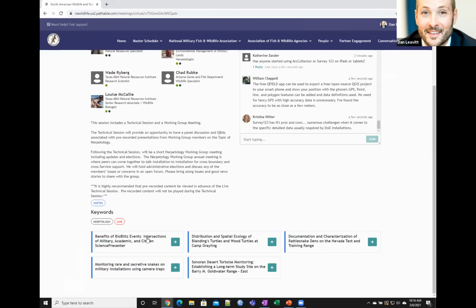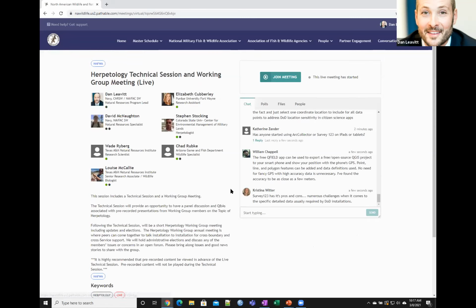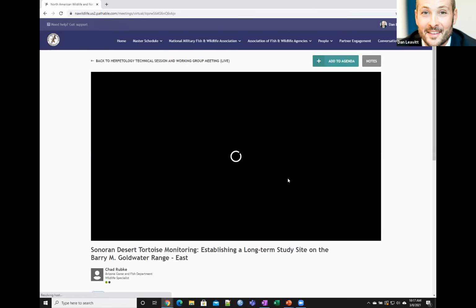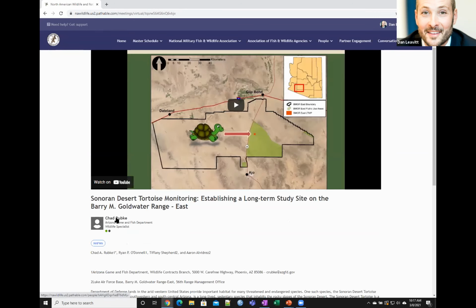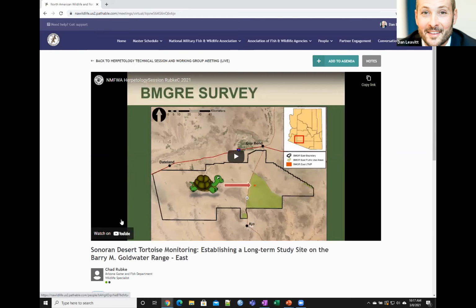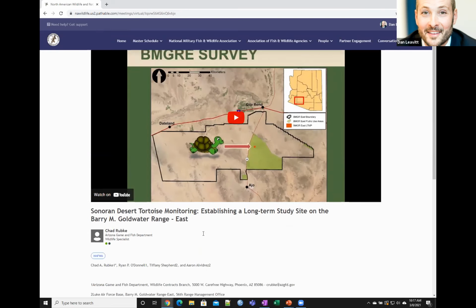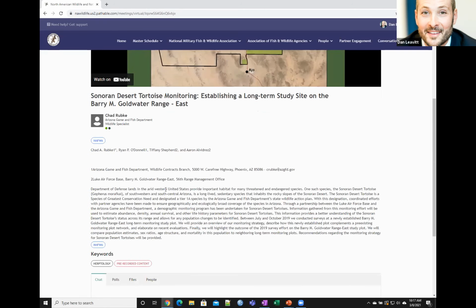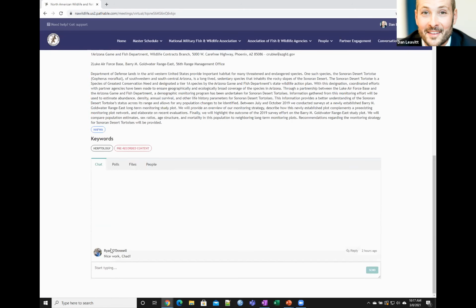At the bottom here, you can click any one of these projects and go right into it and watch the video of that specific project. You have the presenter's name at the bottom, so you can contact that individual in Pathable if you have more questions after the technical session. Of course, you'll be able to interact with this content through the time. And there's also a place where you can provide comments like this one here. Nice work, Chad.